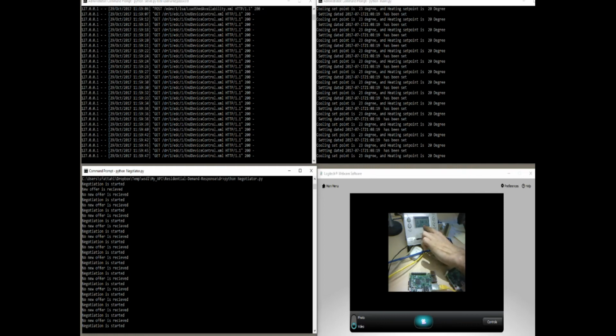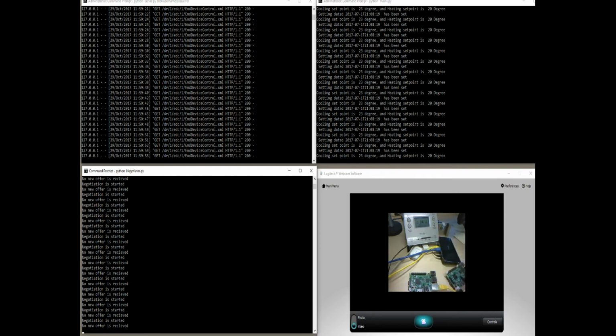The target temperature is 23 and the mode is auto, and since the temperature is 24 and the mode is cooling, it says the cooling is going to be on. For this case we have a bunch of switchable loads, and I didn't include those in this live demo, but they are in the lab and they are working.